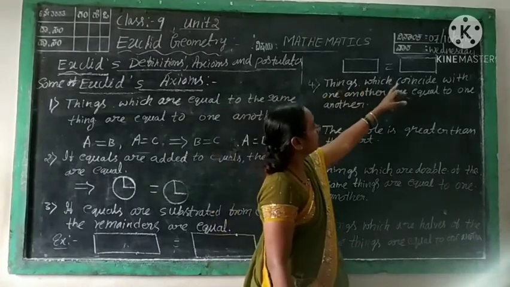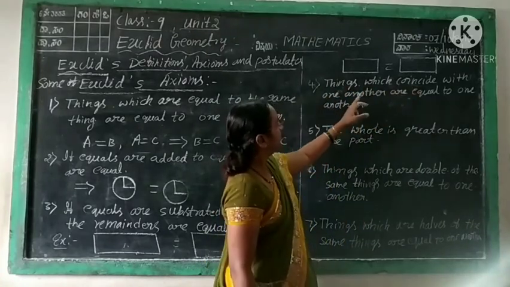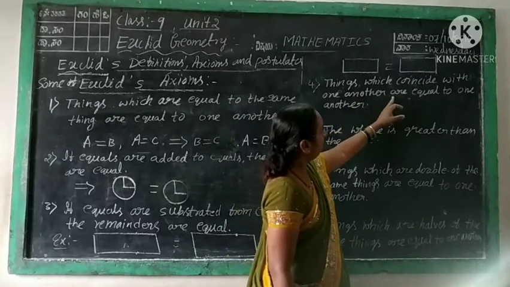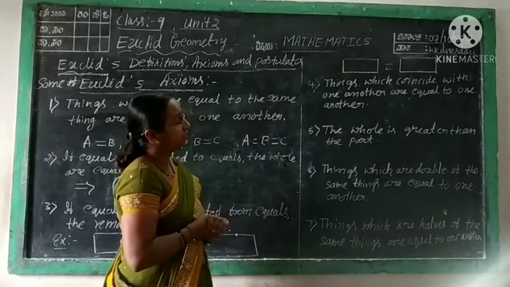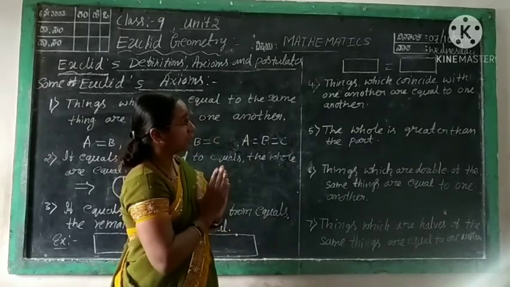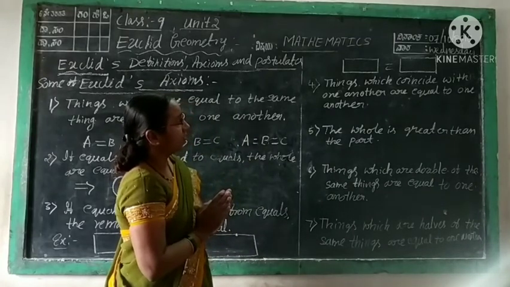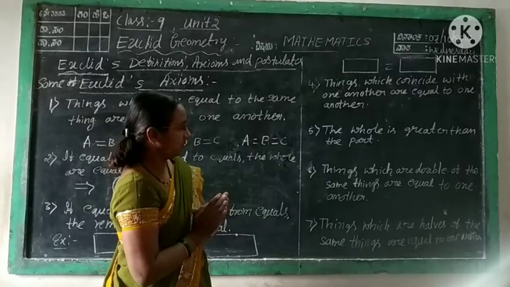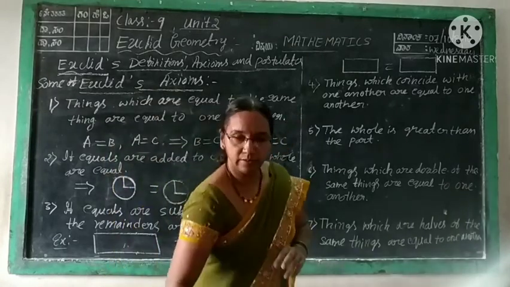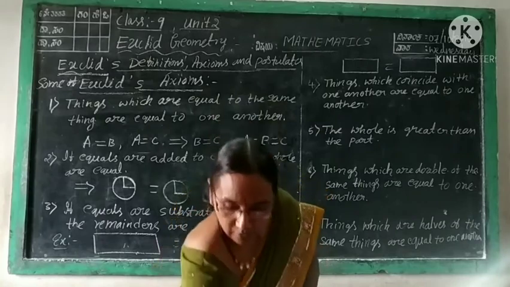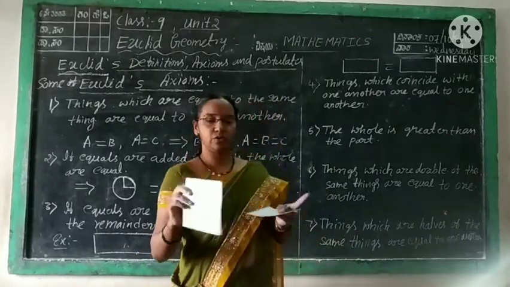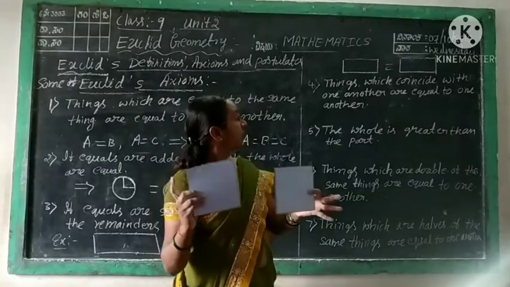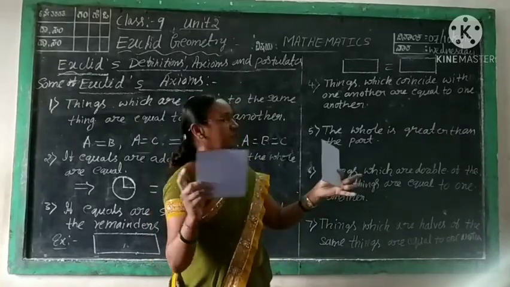Things which coincide with one another are equal to one another. These are two squares which coincide with one another.